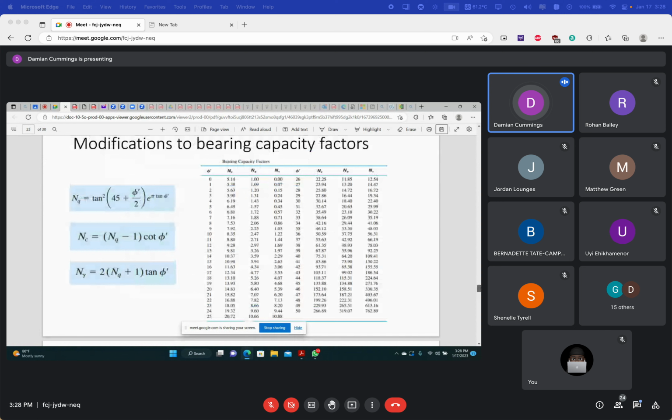I'm looking for another chart. All right, here it is. Modified factors.